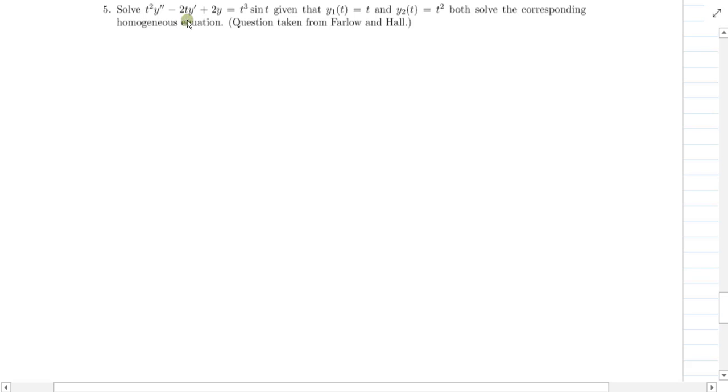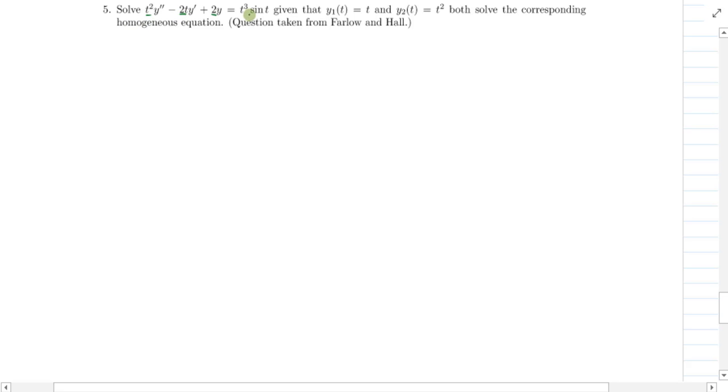So folks, I want to mention one interesting fact about this differential equation here. Notice that in this case, unlike all of the other ones we've seen, the coefficient functions aren't necessarily all constant functions. I guess in this case, that 2, that's a constant coefficient function, but the other two are not.